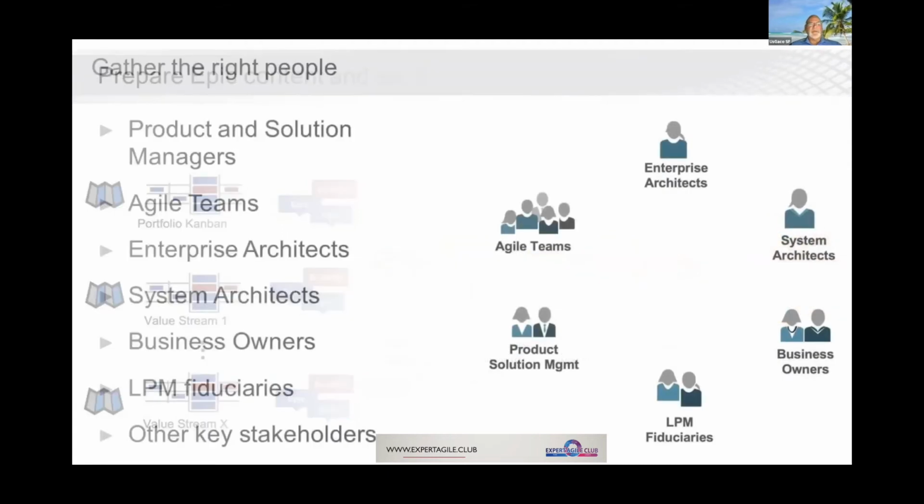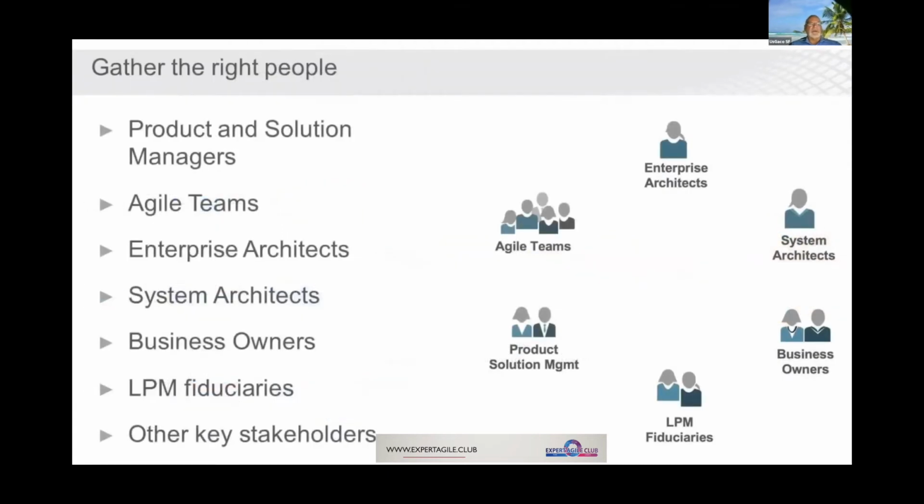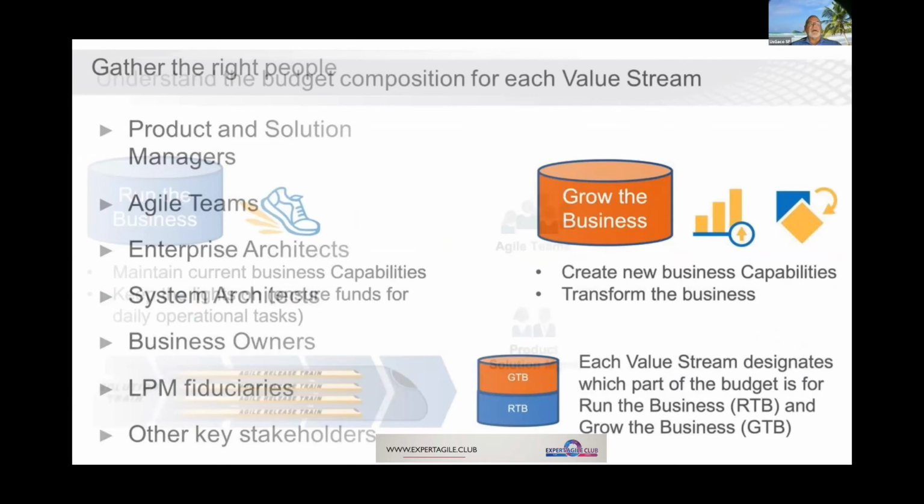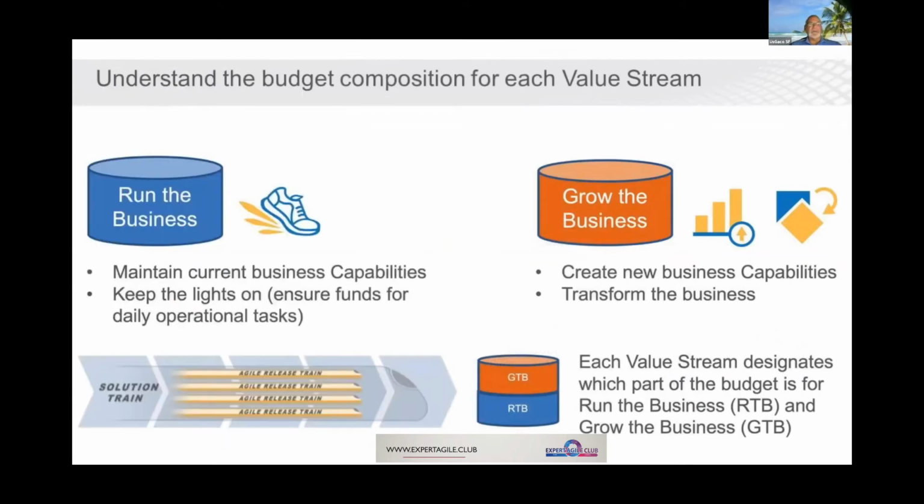Gather the right people, a combination of architects, business owners, fiduciaries, stakeholders, a combination of everybody. And so you have to separate out the run the business and the grow the business. So the run the business, to keep the lights on, we're not going to turn the lights off, and so that has to be set aside, and we're not going to play with that money.